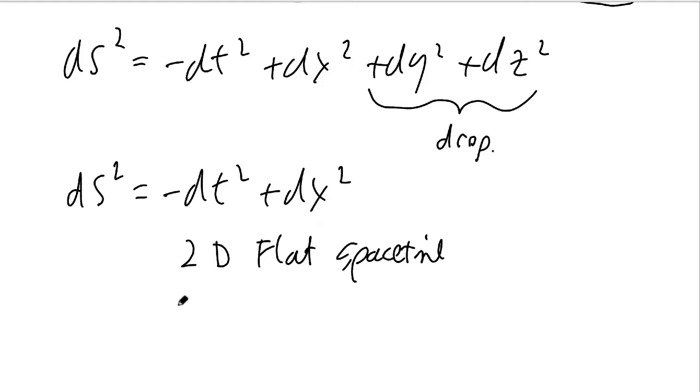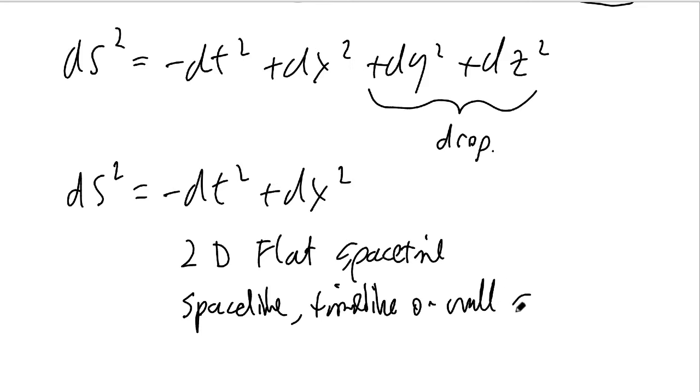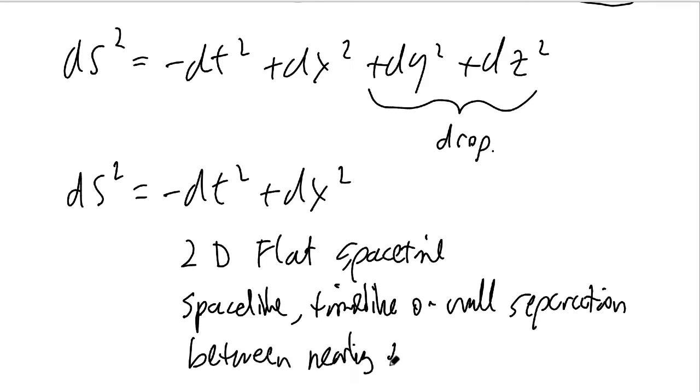And what this line element is telling us is the space-like or time-like or null separation between two nearby events, one event at location t comma x, the other event at t plus dt and x plus dx.